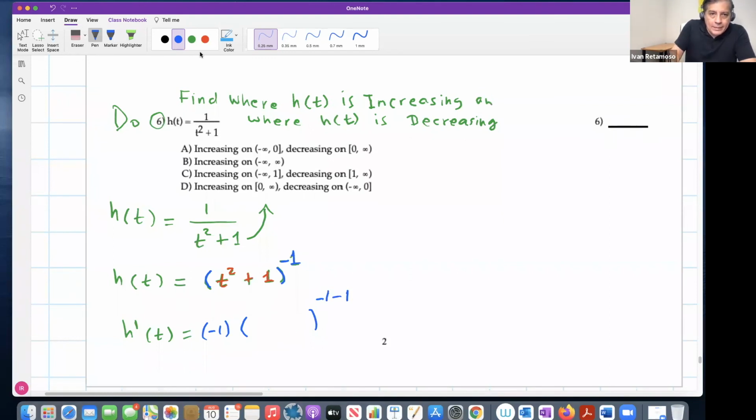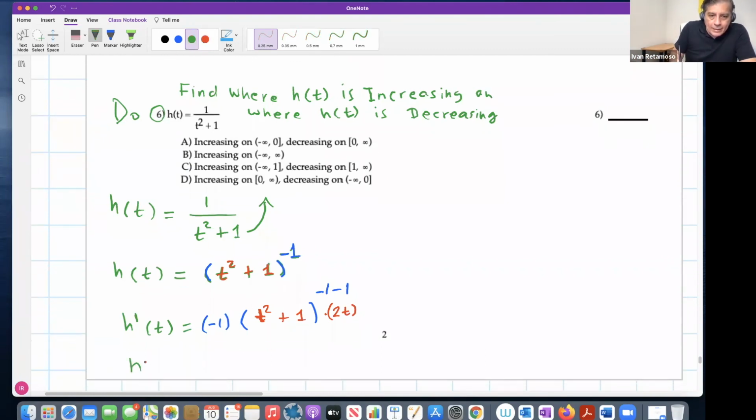You keep the inside function, t squared plus 1, and you multiply by the derivative of this inside function. The derivative of t squared is just 2t, right? Great. Very good.